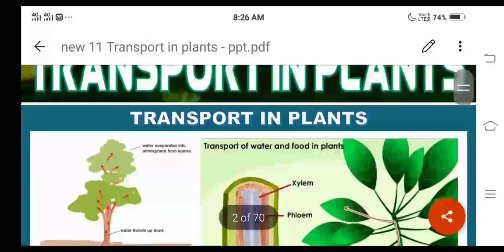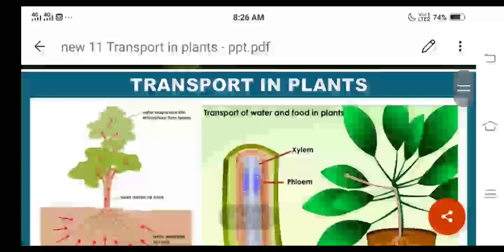In the case of plants, what will normally be transported? Usually in a flowering plant, the plant will absorb water, which is the usual phenomenon. It will absorb water, then nutrients.